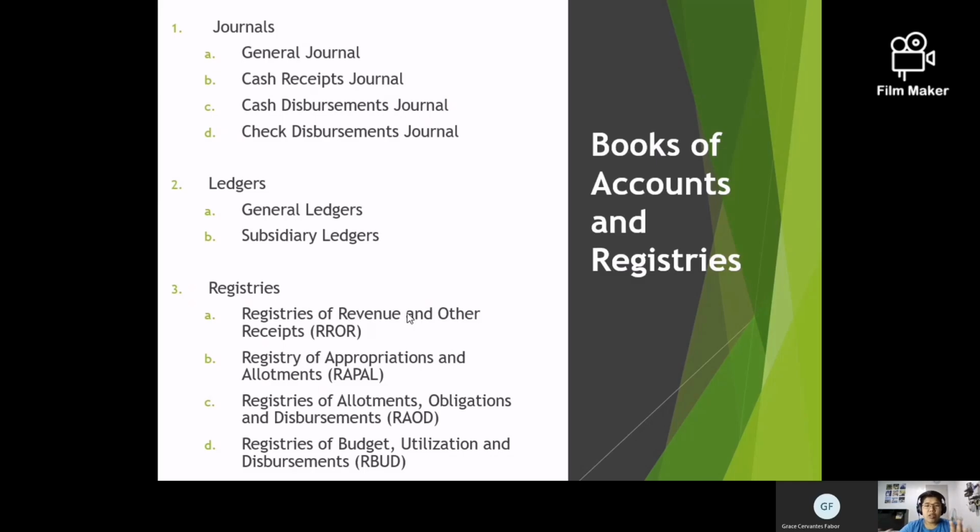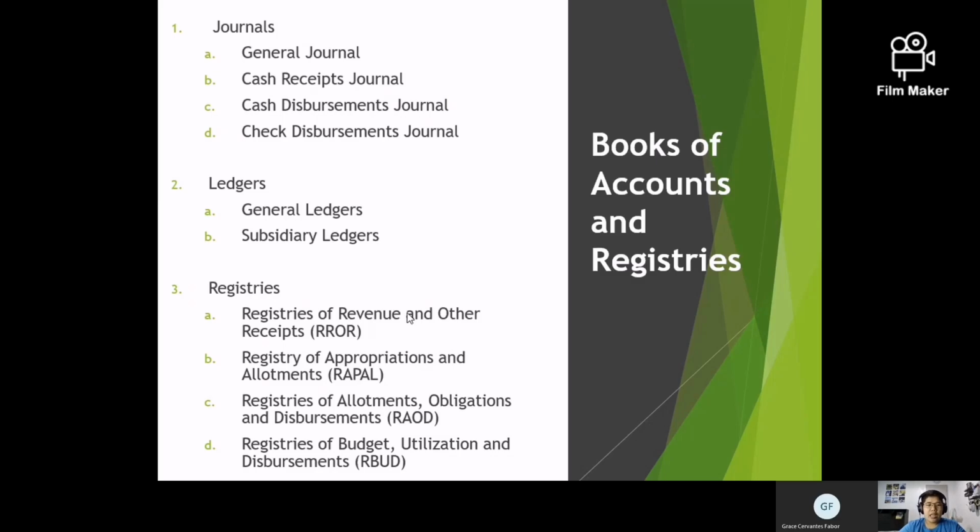And also, a unique control instrument of the government is what we call the registries. We have different registries that are used for budgetary control. First is the Registry of Revenue and Other Receipts, or the RROR.